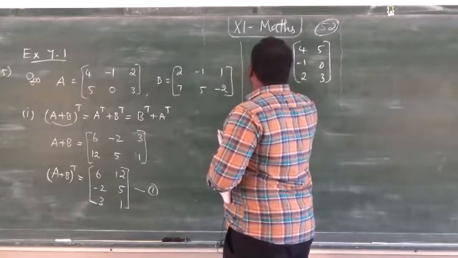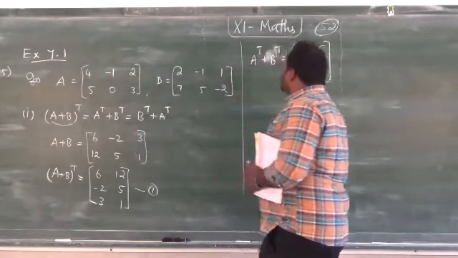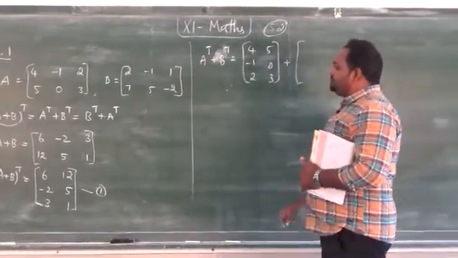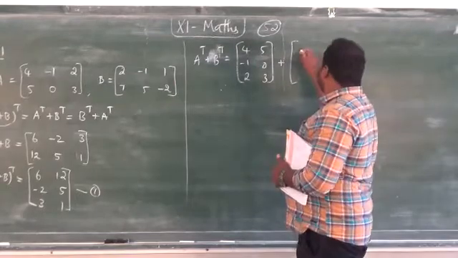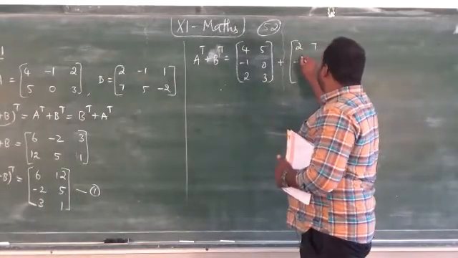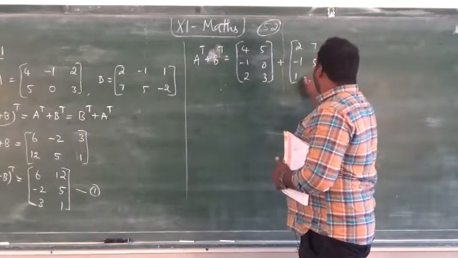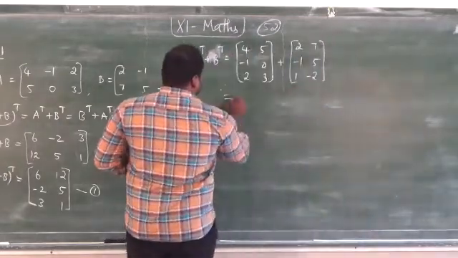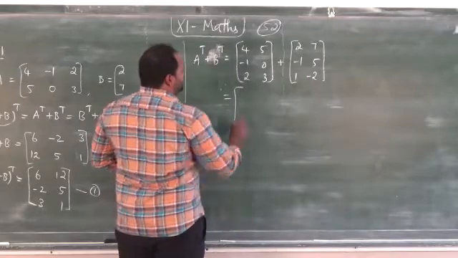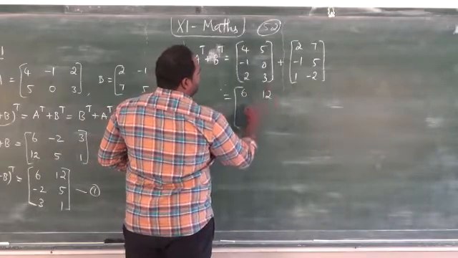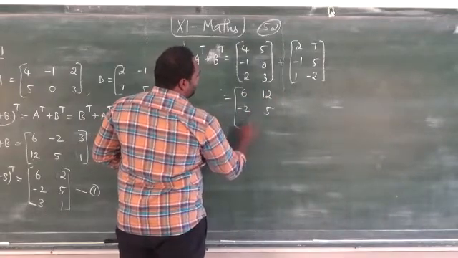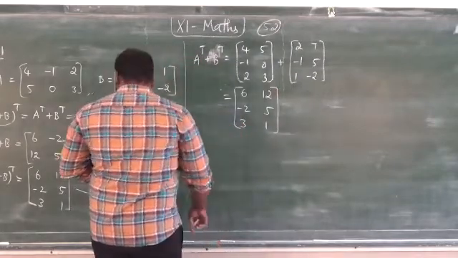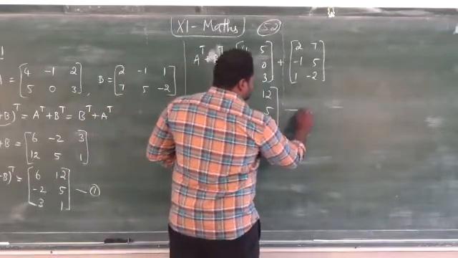Plus B transpose, taking the transpose of B: 2, 7, minus 1, 5, 1, minus 2. After that addition: 4 plus 2 is 6, 12, minus 2, 5, 3, 1. So this is another solution, it is 2.